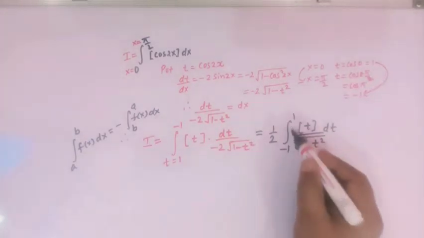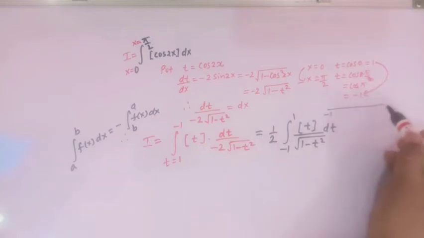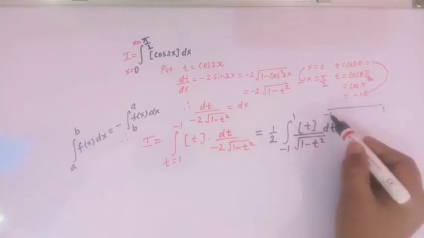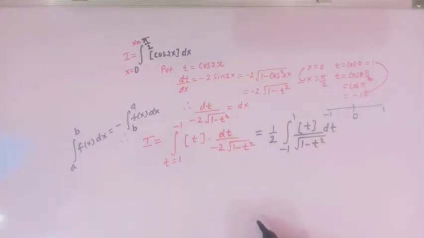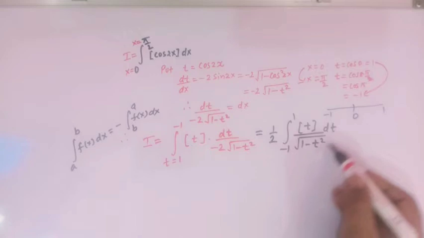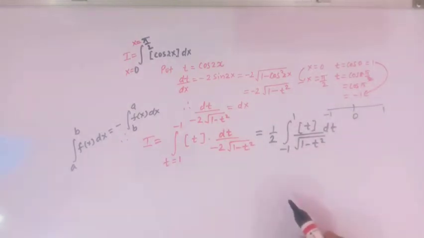Okay, now we see that t varies from minus 1 to 1, and between minus 1 and 1 we have the integer 0. So now we can split this integral as a sum of two integrals.